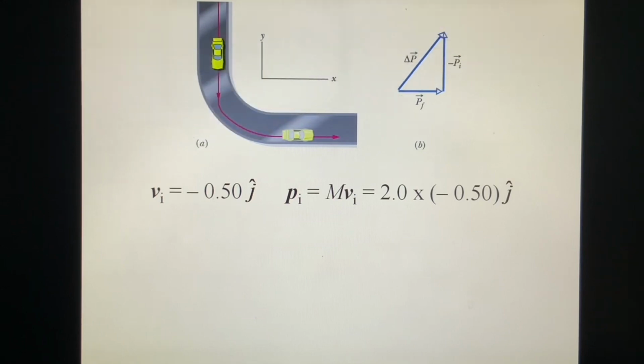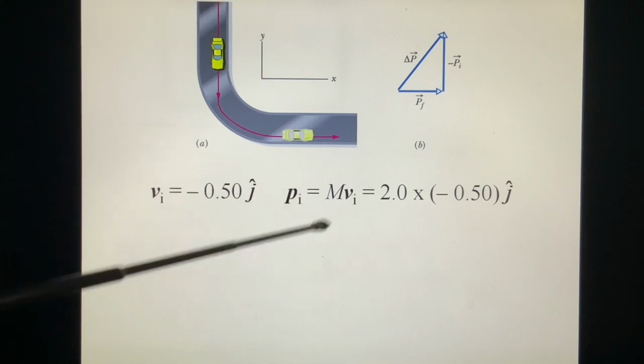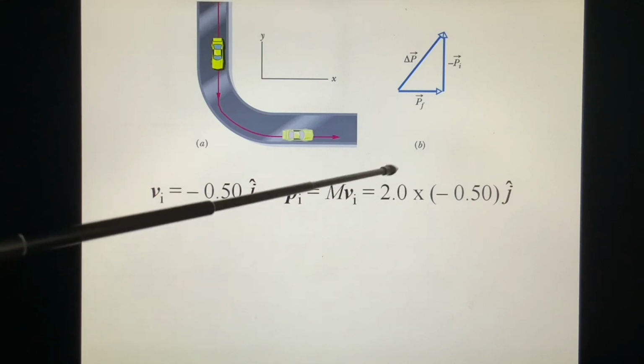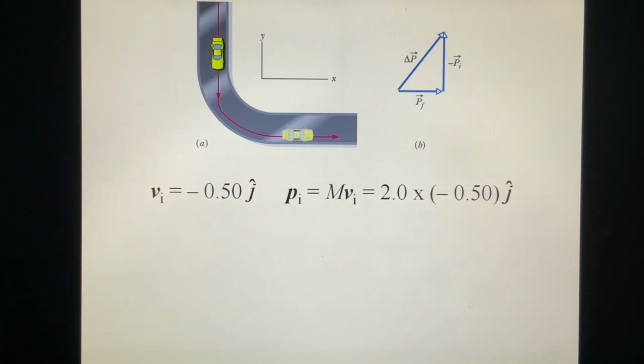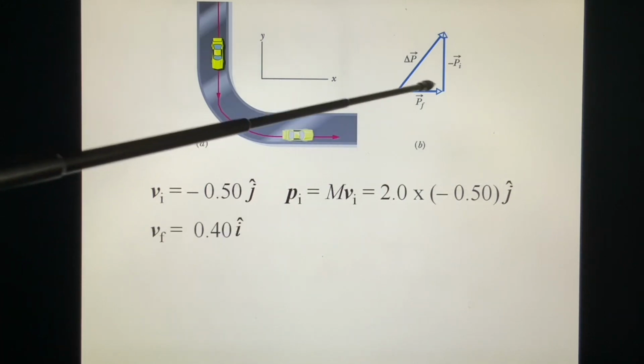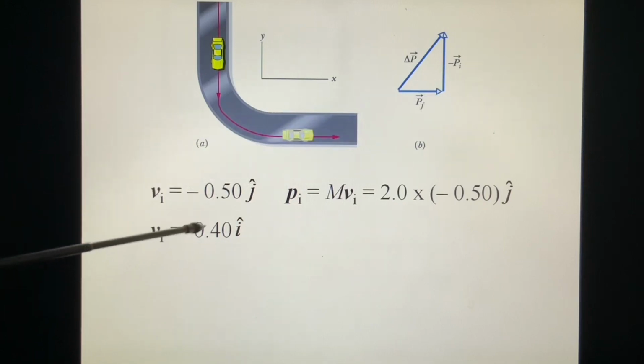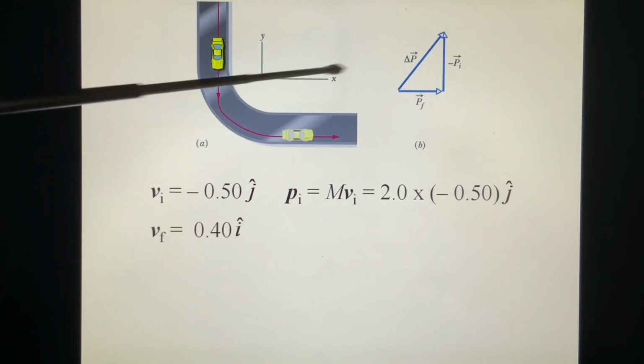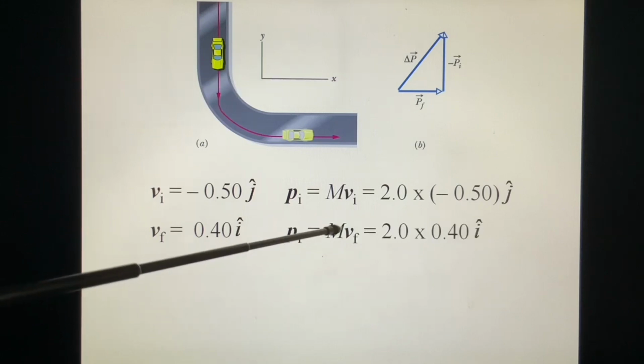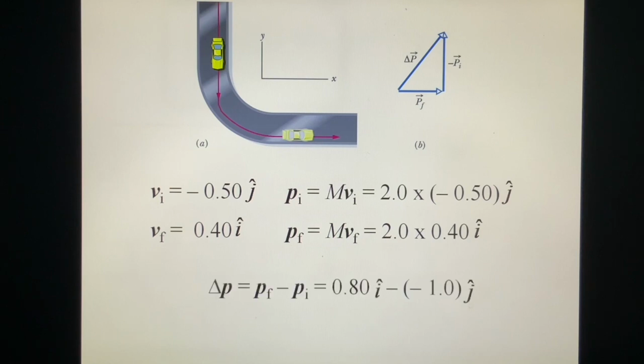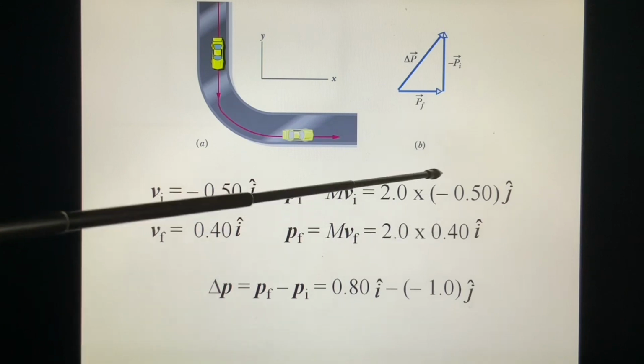Now we write this: V1 is 0.50 j, which is negative because of the direction. So P initial is M V1, where M is 2.0. V final is positive 0.40 i along the x direction, so P final is M V final in the i direction. Then the change delta P equals P final minus P initial, so this one minus this one. That's all.